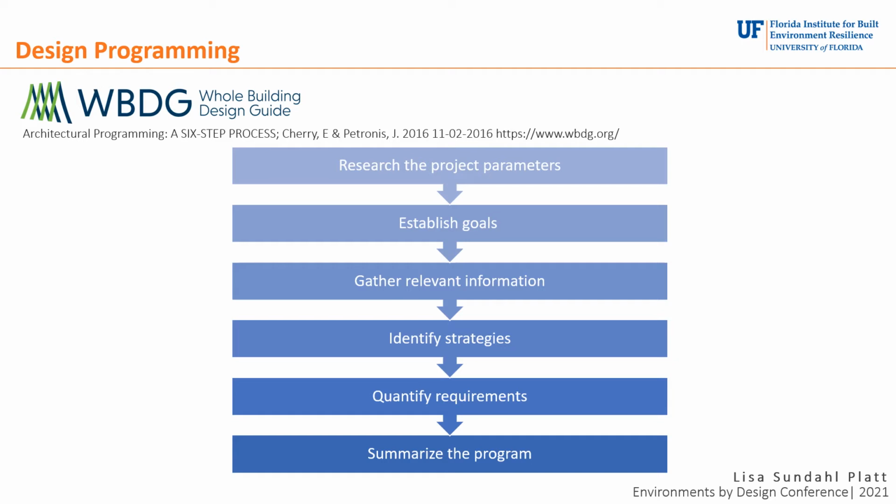So let's begin by researching the project parameters, which for a healthcare environment design would include understanding those regional context variables the healthcare facility must contend with, or the environmental context in which it's going to be built, and also understanding the types of patients in the health system's catchment area the treatment setting is going to serve.